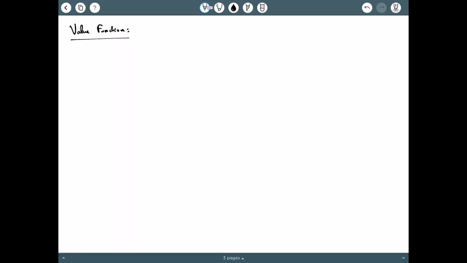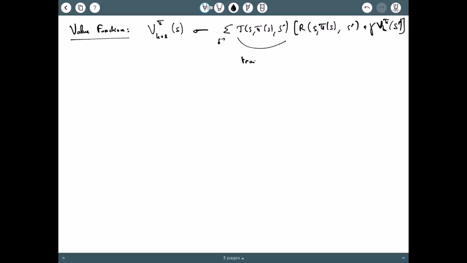If we remember, for example, the value estimation update for a given policy, we had this equation here, which meant that once our policy was devising an action to choose in state S, all that we were doing was averaging over this probability distribution of transitions the utility we get after transition.